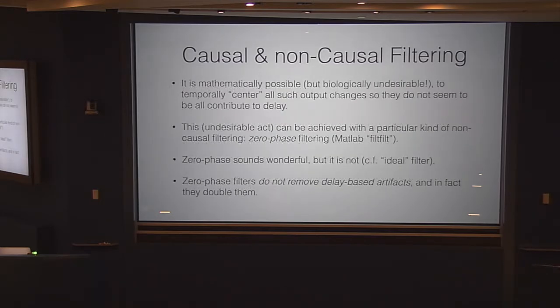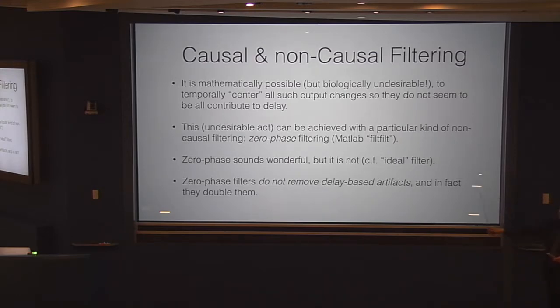It is mathematically possible, but biologically not at all desirable, to center your filters so that these output changes are not in the past, but are brought back up to the present. The most common way of doing this is with a particular kind of non-causal filtering, zero-phase filtering.